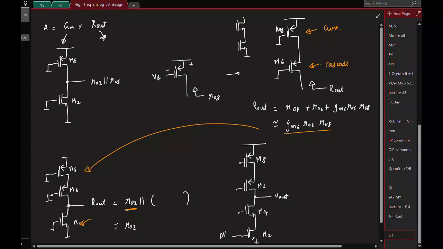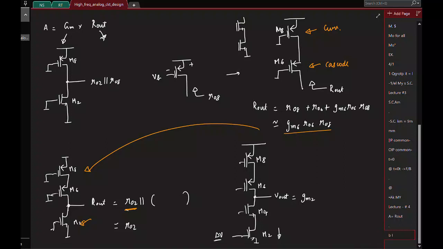So now what is the gain here? If the gate is at delta V, what is V out? If I apply delta V, the current is GM2 times delta V, times the output resistance. And what is the output resistance here?